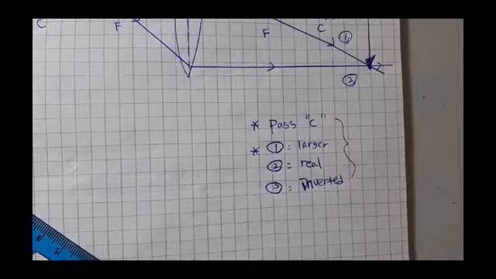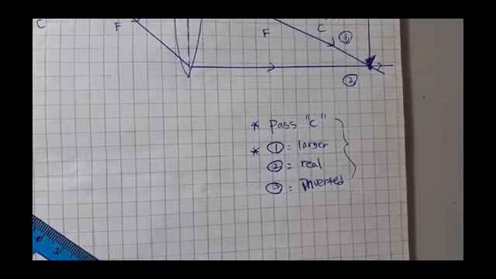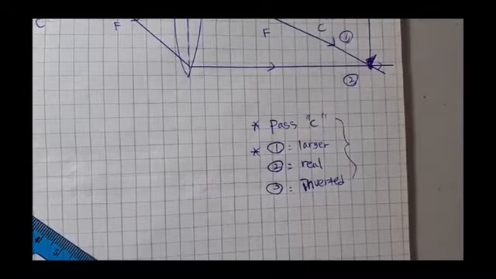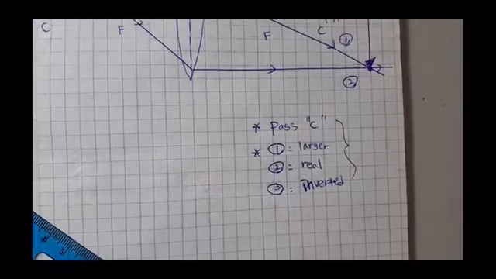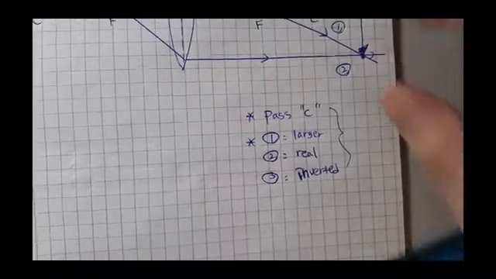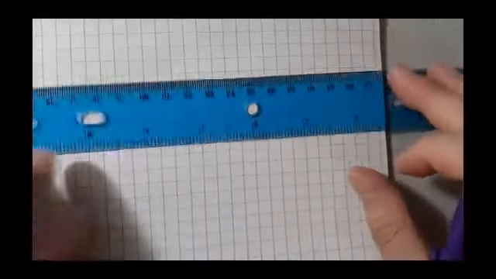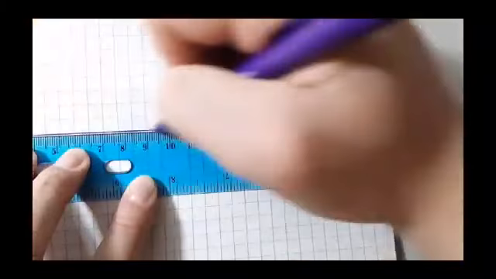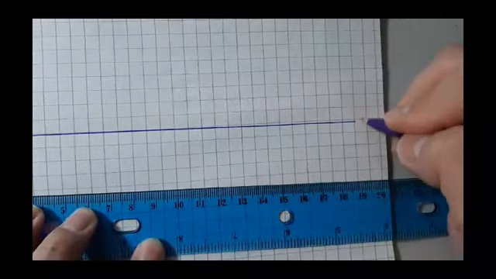Now let's deal with a concave lens. I believe I didn't do any example that involves a concave lens, so that will be my last example. Decide your object.